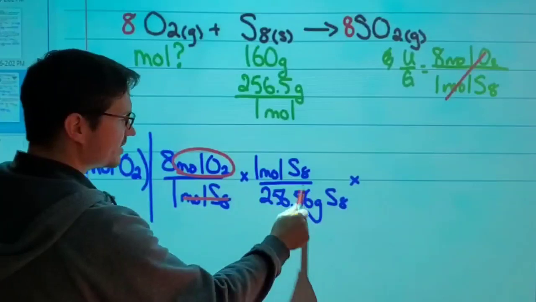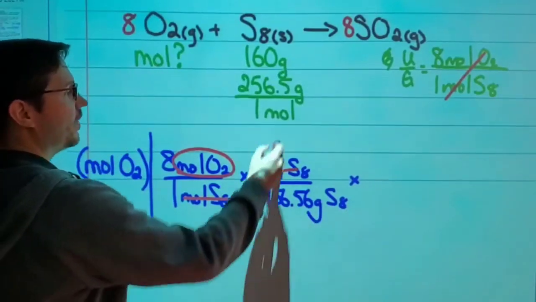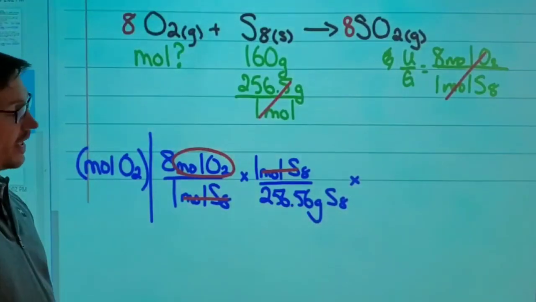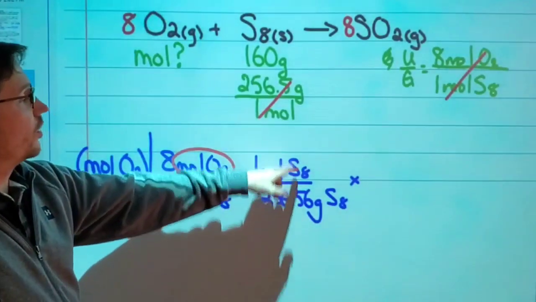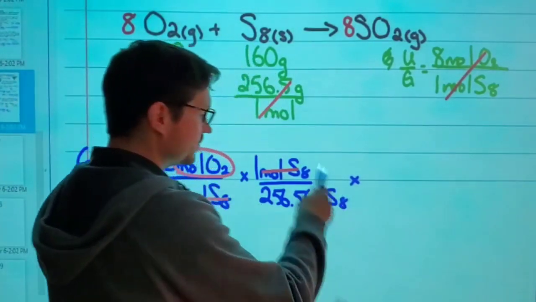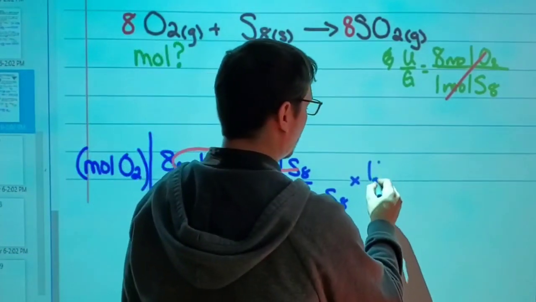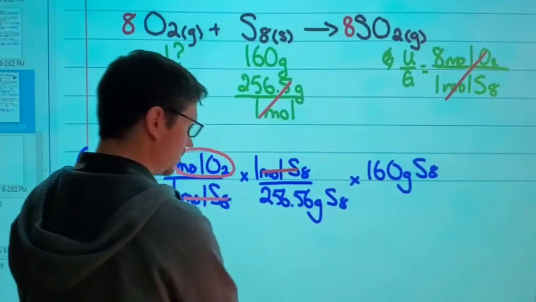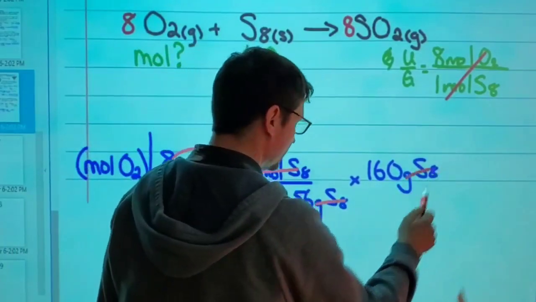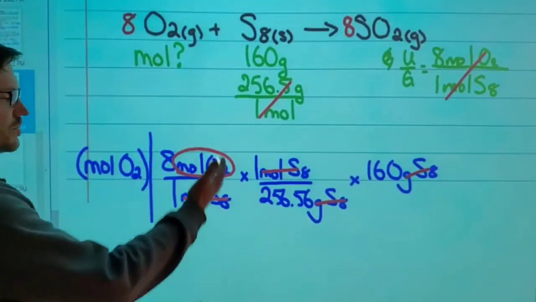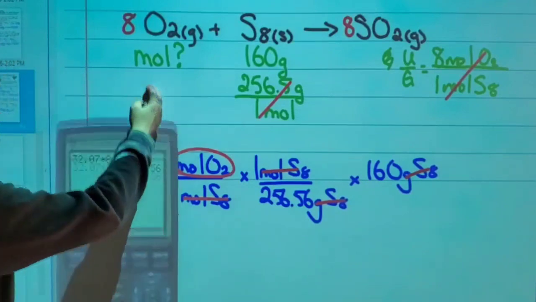So moles of S8 cancel, and then we're done with the molar mass. We can't use it again. And then probably you've noticed we're going to take 160 grams of S8 and use that to cancel out grams. Grams of S8 cancel.